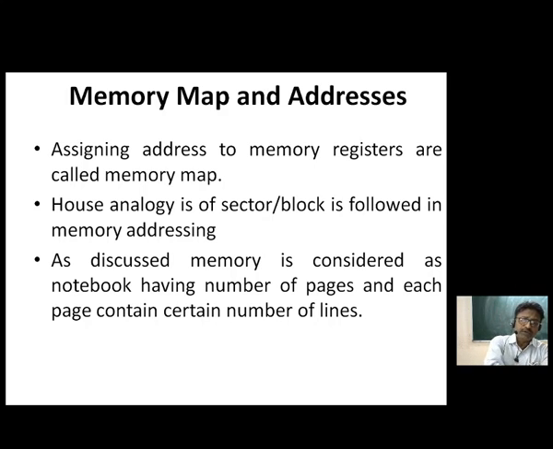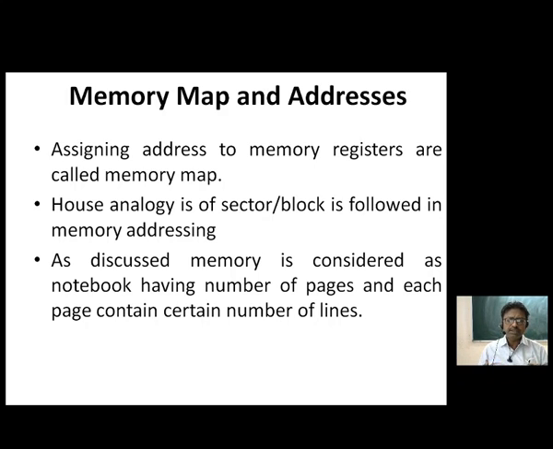So if you have to find house number 6723, it will be very difficult, because every house has been numbered in a sequence. To find house number 6723, you have to go up to 6700, then 6750, and then you are able to find it. So what we do in a housing society is divide the houses into sectors or blocks, and that sector or block idea is also used in memory mapping.